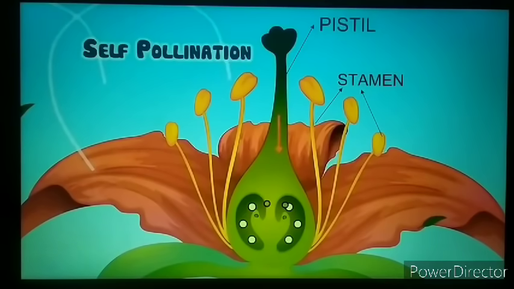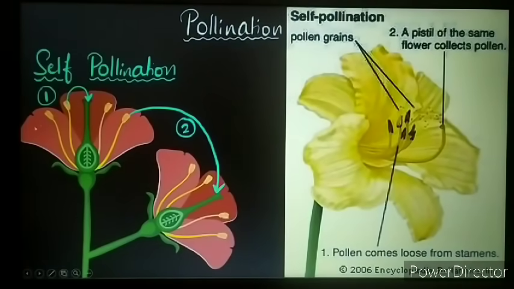self-pollination. But even if you have seen that pollen grains get transferred from the stamen of a flower to the stigma of the same flower, there is a possibility that it can get transferred from the stamen of one flower to the stigma of another flower.